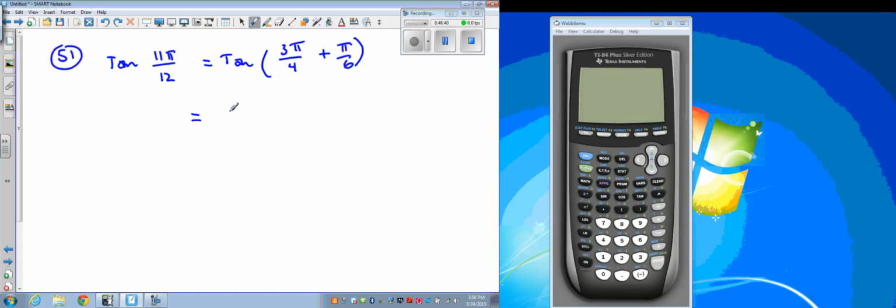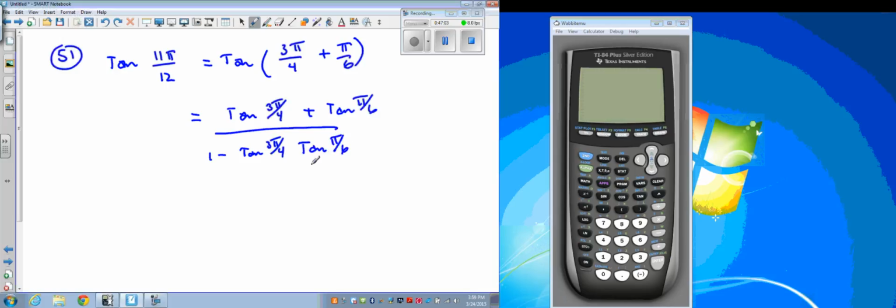Tangent of 3 pi over 4 plus the tangent of pi over 6, and it's 1 minus the tangent of 3 pi over 4 times tangent of pi over 6. 3 pi over 4 is going to be what?